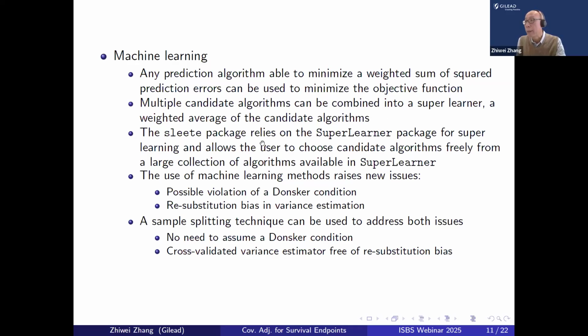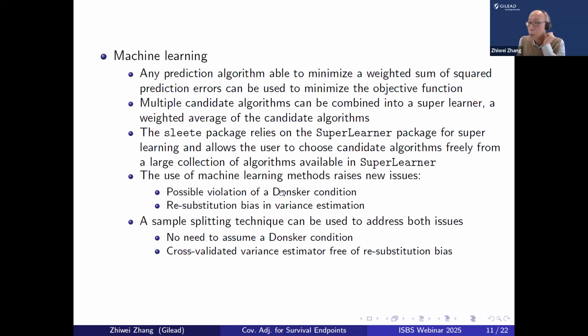The SLEEK package relies on the superlearner package for superlearning. And there are a lot of algorithms available in the superlearner package, and the user is free to choose their candidate algorithms from that collection. Right? Sounds very good. But I must acknowledge that the use of machine learning methods does raise some issues.